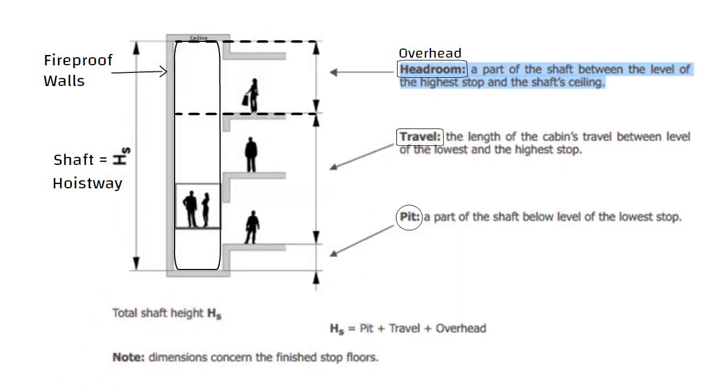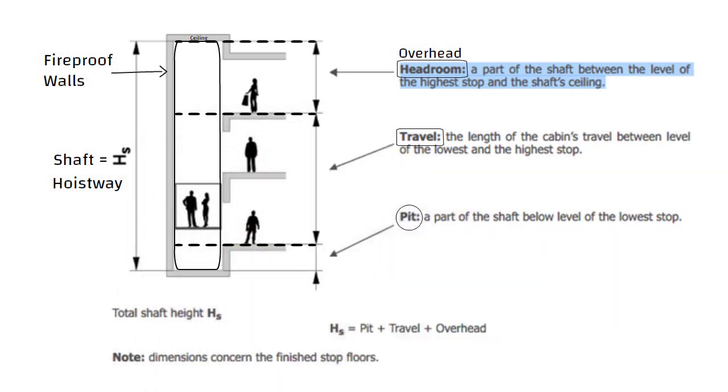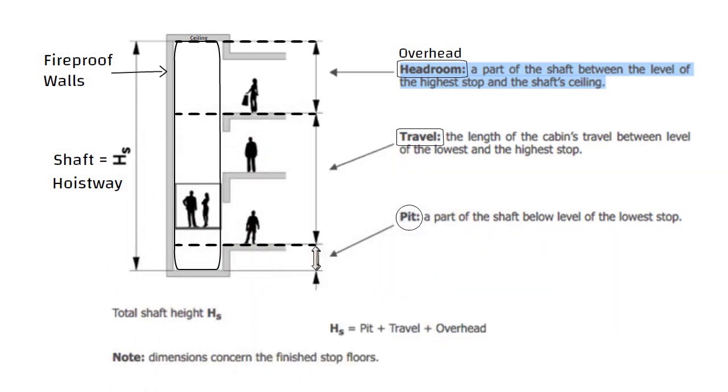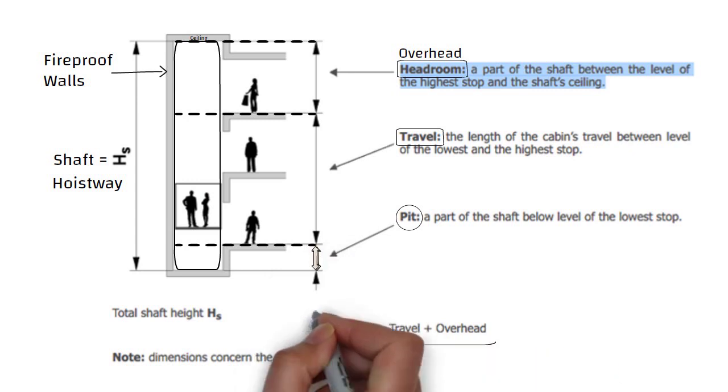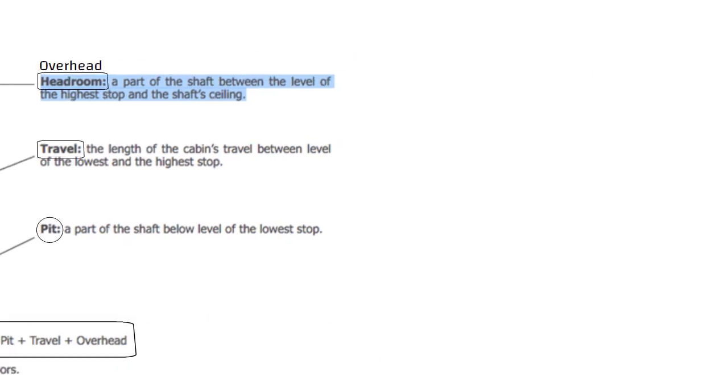Travel height. It is the length of the cabin's travel between the level of the lowest and the highest stop. Pit. It is a part of shaft below the level of the lowest stop. So if we want to calculate shaft height, it is equal to pit plus travel plus overhead.